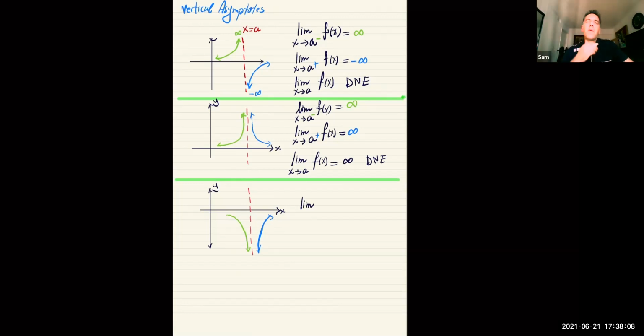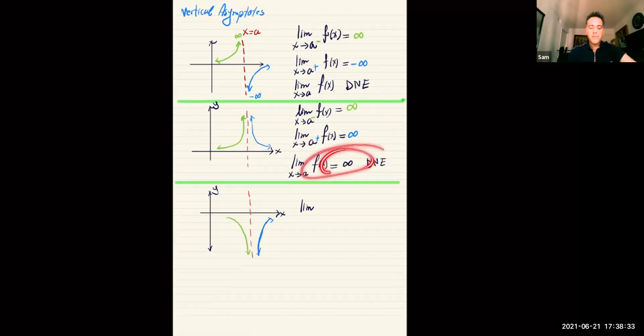And by the way, the function is not increasing both ways. Let me show you. Here the function is increasing. Here actually the function is decreasing. But what you meant to say is the function blows up on both ends. Yeah.